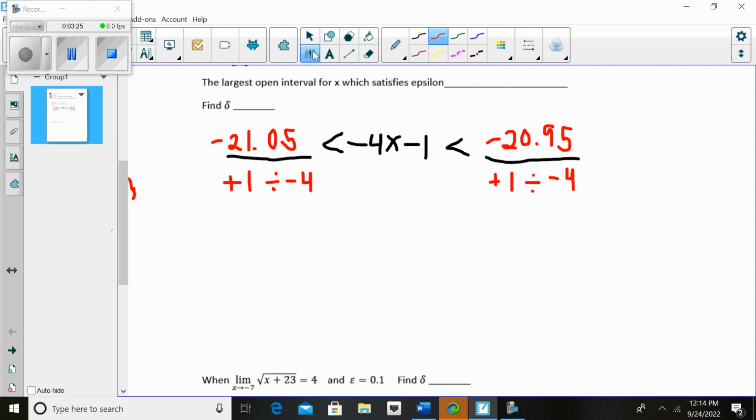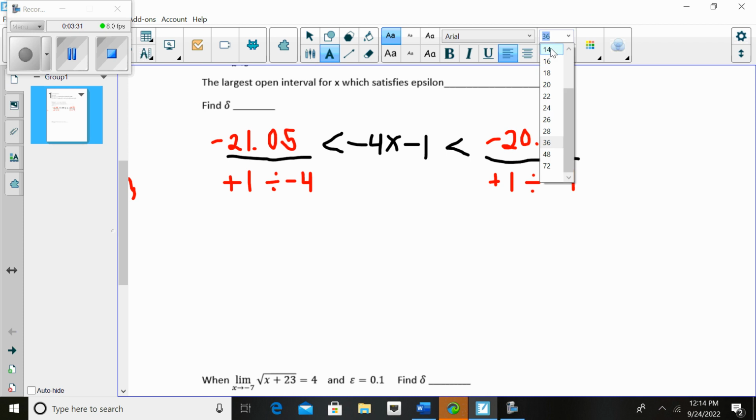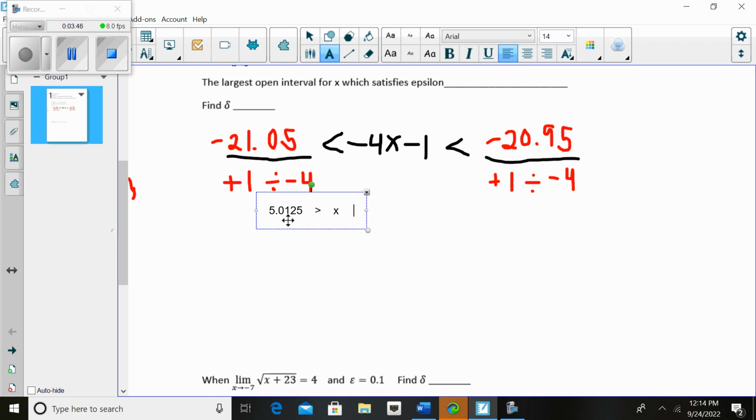Okay, so when I do that, and I'll let you work the arithmetic along with me. I mean, hopefully that should be the easy part, the arithmetic. I'm going to get 5.0125 is greater than x is greater than, because I had to flip the sign because of the division by negative, 4.9875.